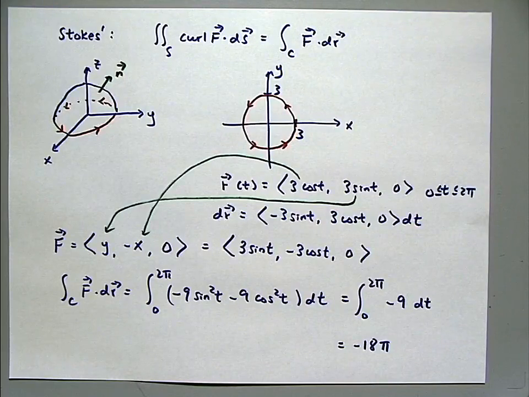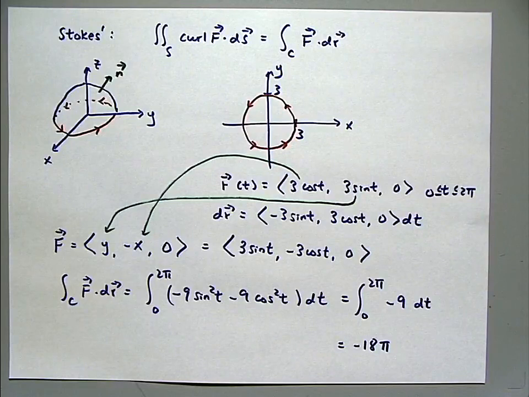Okay, so suppose we made a decision to go do a surface integral instead. The first thing we need to figure out is, based on this orientation of the boundary curve, which way is my normal vector going to point? Away from the origin, in other words, right? So it's going to point this way out.